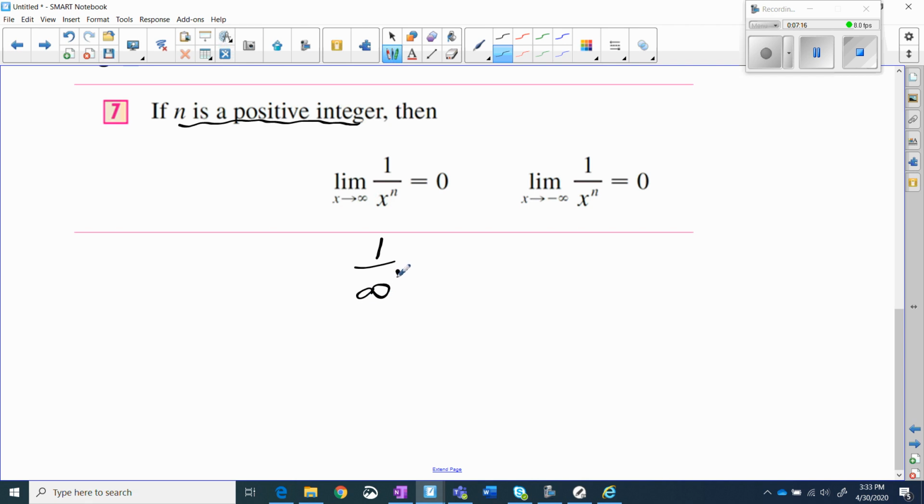So let's say I put it to the nth power. Well, all that's going to do is make this number on the bottom even bigger. So when you take 1 and you divide by this even bigger number, it's still going to be 0. It's not going to change a thing. So that's why it's still 0.